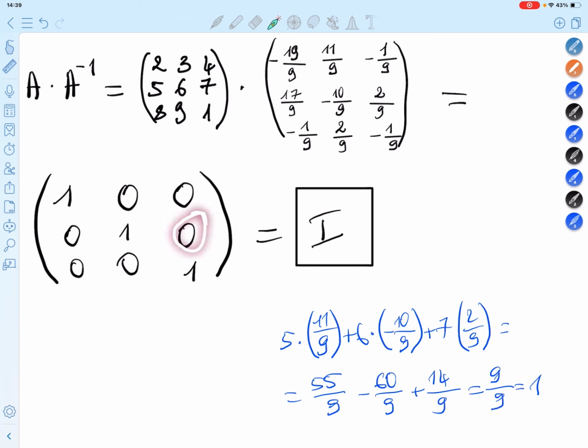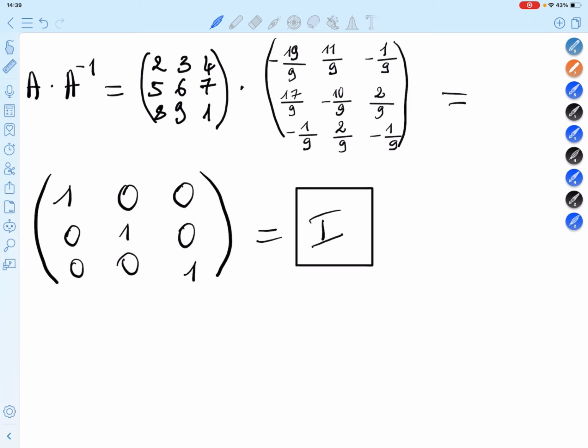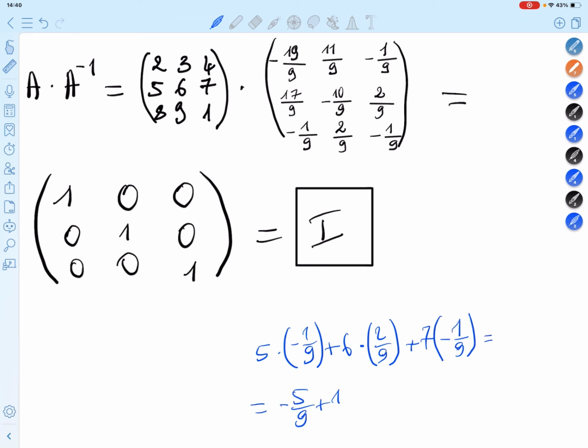And the last one, we're expecting to get 0. So what we're going to do is this and this. So we got 5 times minus 1 over 9. Then plus 6 times 2 over 9. Then plus 7 times minus 1 over 9. And that would give me minus 5 over 9. Then plus 12 over 9.